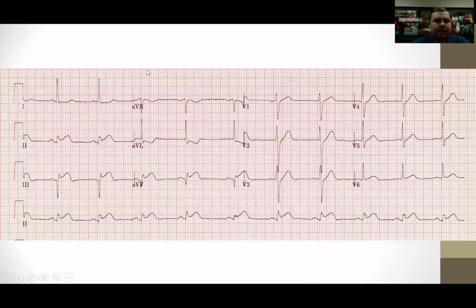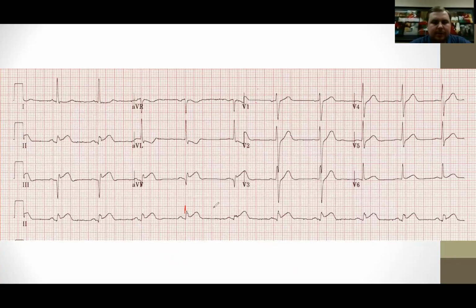All right, so I'll get out my pen again, and let's start with rate and rhythm. So again, I can just pick any lead. This one falls pretty much on a bold line. 300, 150, 100, 75, 60, 50.